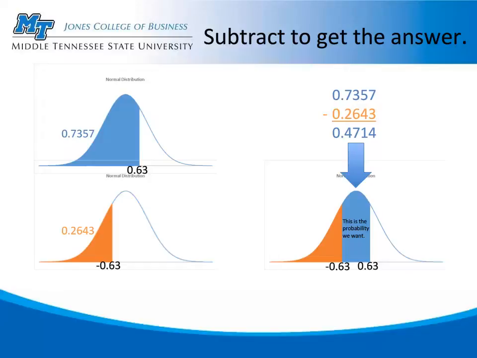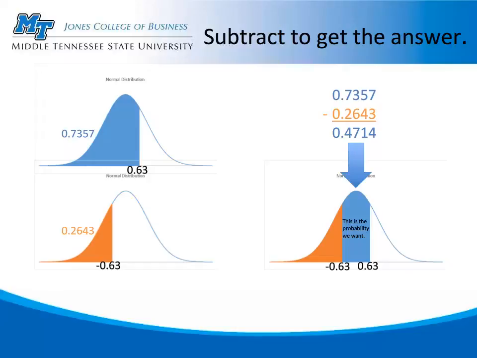Now when we went to the other side of the z table, where we had the negative values, and looked up the negative 0.63 down at the bottom, the value that we got from the table was 0.2643. You can kind of visualize that if you took the chart at the bottom and moved it up over the chart at the top and lined them up, then the part that's in orange is going to cover up part of the blue up there.